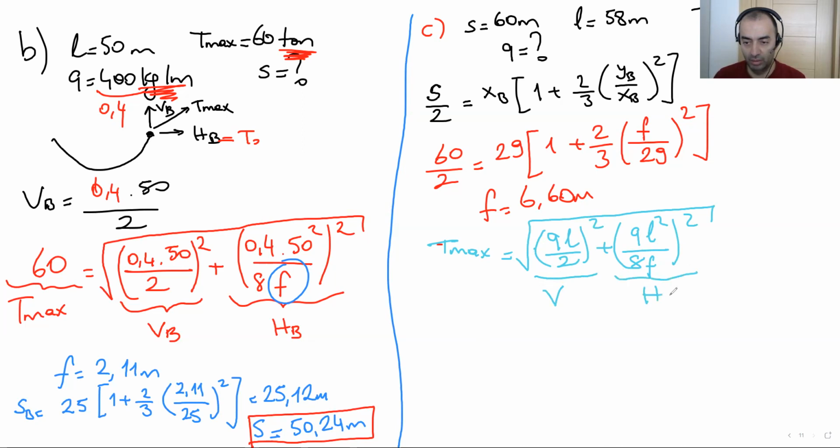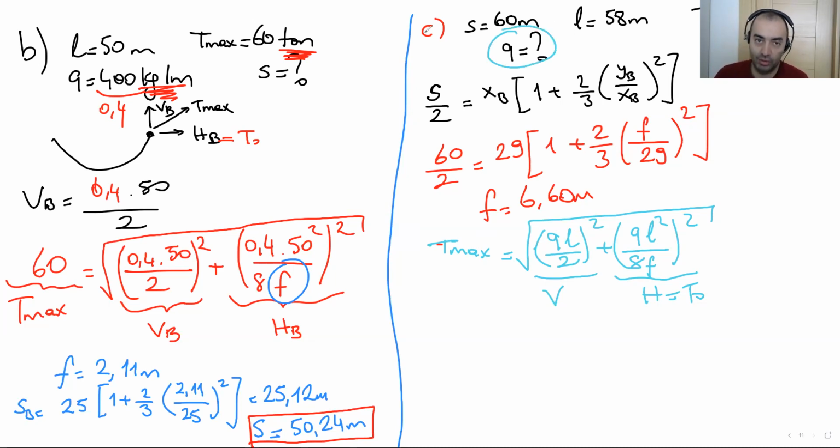This is horizontal. T0 also gives us Tmax. So here we have all knowns except Q. We are just looking for Q.